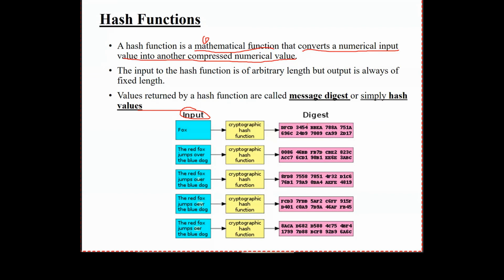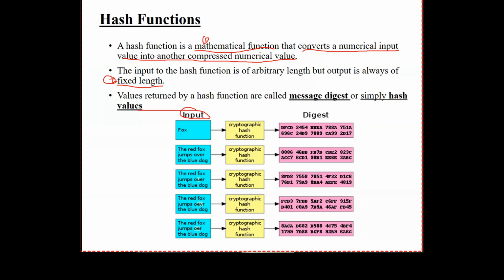The input is a number and the output is a compressed number. The length of the output is fixed. No matter how long the input is, the output is a fixed length.